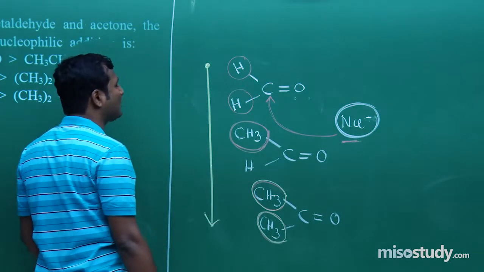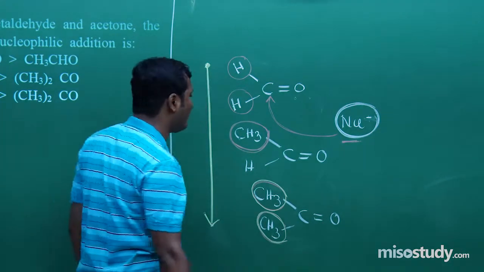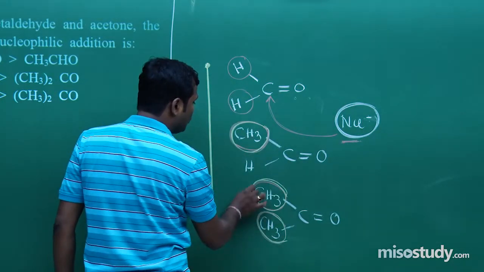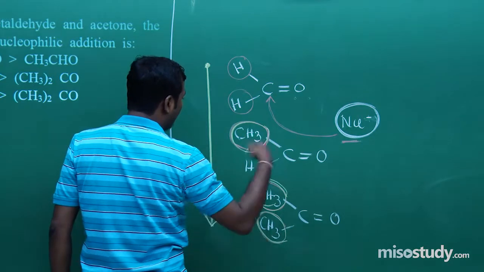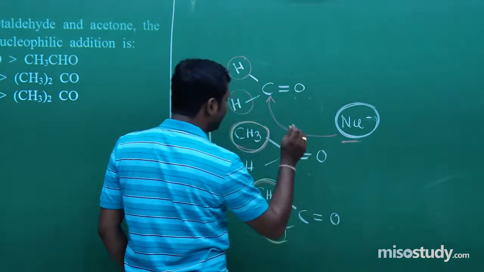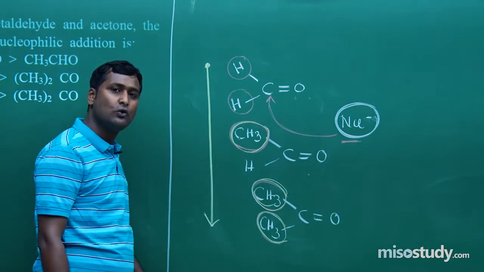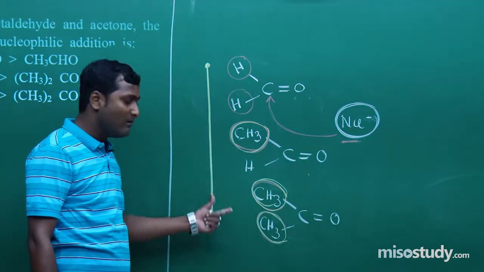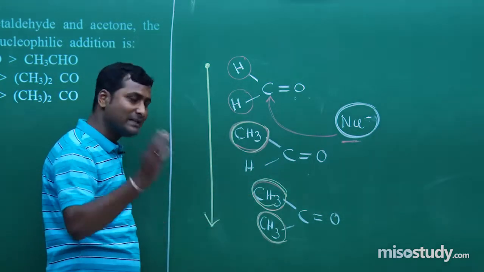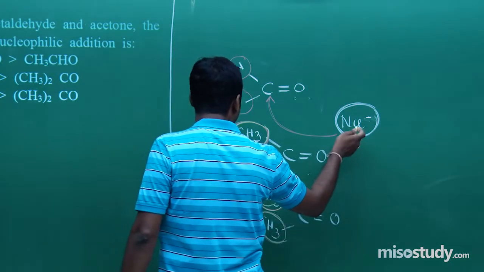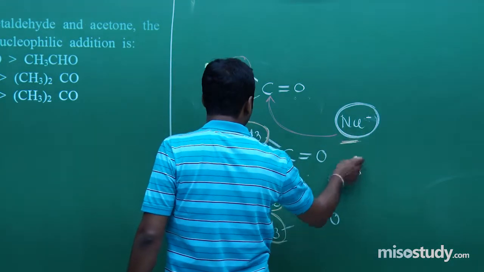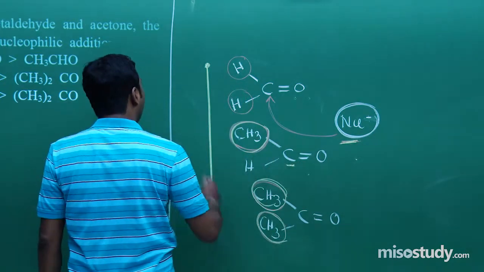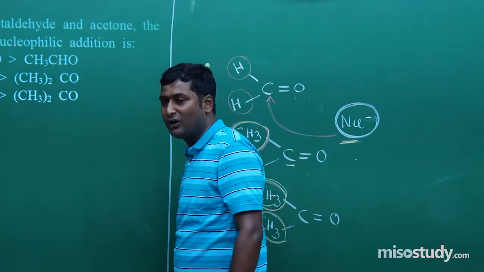Second is the electron donating, that is the plus I effect. Here is one electron donating group, here are two. More plus I effect means less tendency of the nucleophile to attack. So of the two effects, the best one is the steric effect: the more alkyl groups, the less the tendency of the nucleophile to attack the carbonyl carbon. So what is the reactivity order?